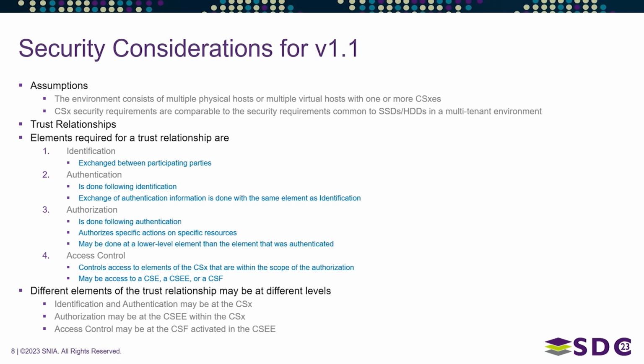So the example that we have on the bottom of the slide is that the identification and authentication may be at the CSX level, the authorization may be at the CSEE level, or even within the CSX, and then the access controls could even be down at the CSF level. So this particular function can be accessed or not based upon the credentials that you provide.